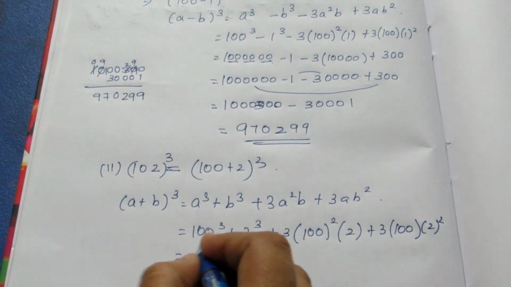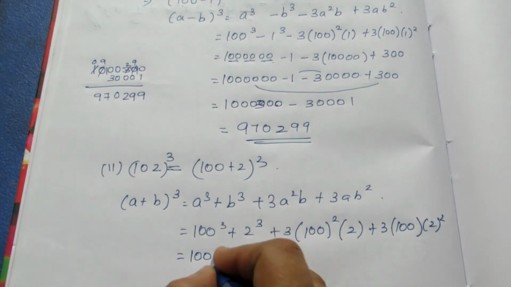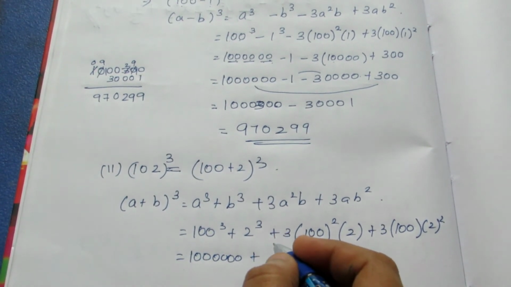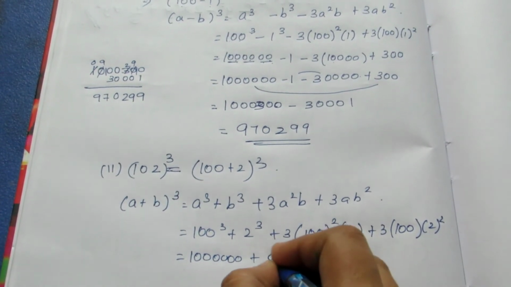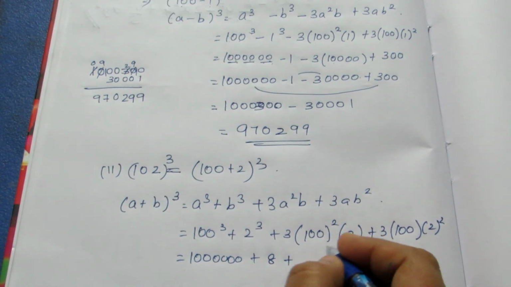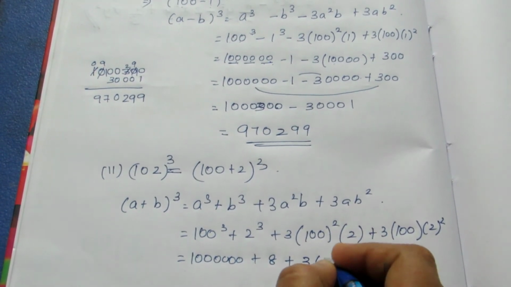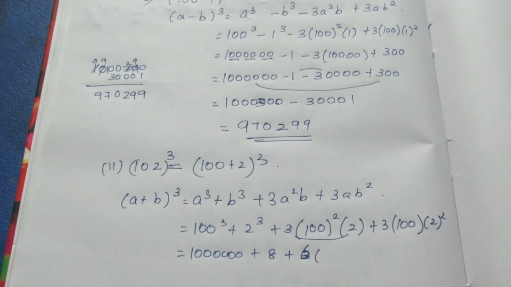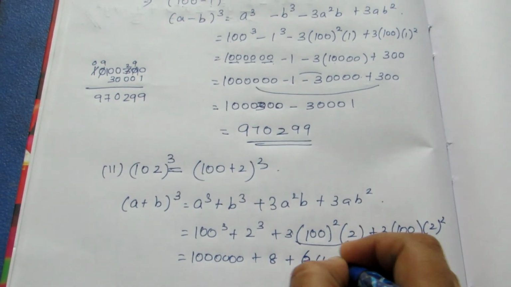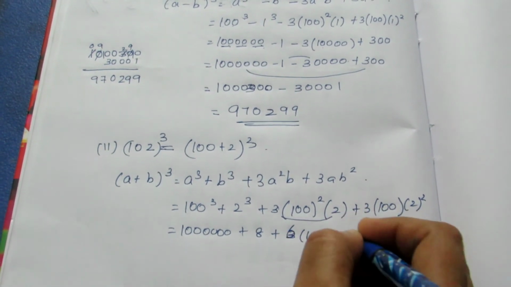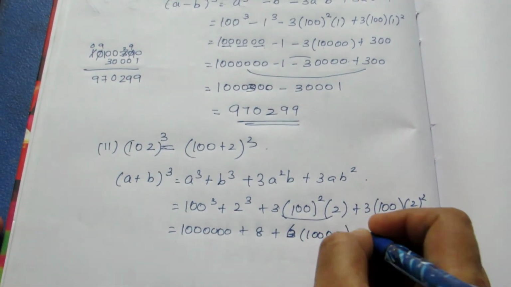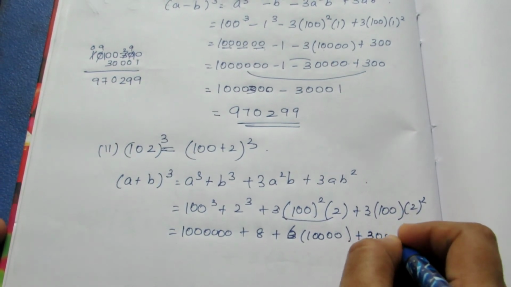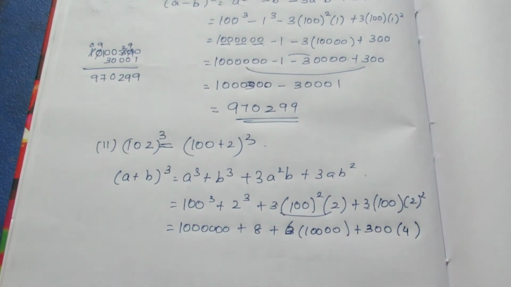Now solve it. 100 one time, two times, three times. Here 2 into 2 into 2 is, 2 2s are 4, 4 2s are 8. First we need to square, then we need to multiply. So 3 into 100 square, you can multiply these two numbers, we can write this to be 6. But for squaring, first we need to square. So 2 zeros, then 2 zeros, plus, first we need to square, so you can multiply this by 4.